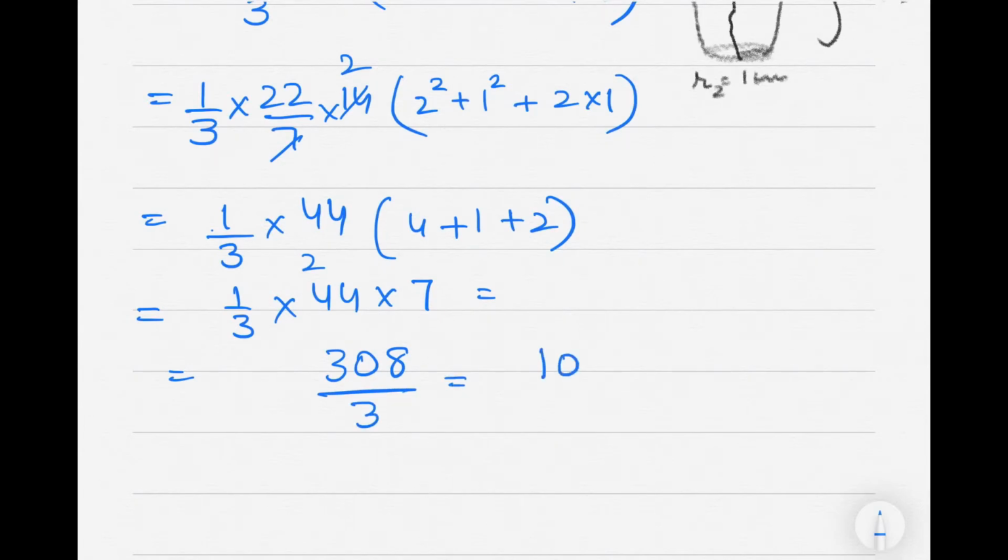So this is equal to 102 and 2 by 3, or I can also write this as 102.67. I know it will go 6666, but approximately, rounding off, we get this. And the unit: everything is given in centimeter, so the volume is in centimeter cube. That would be my answer.